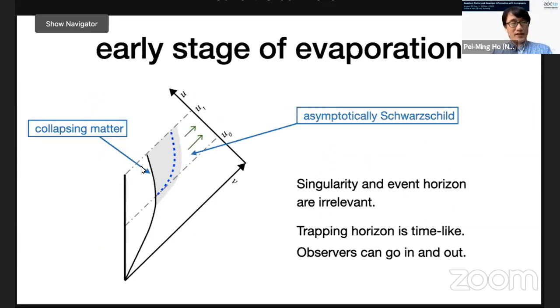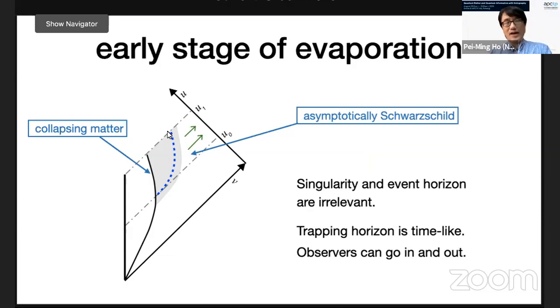So I have a gray shaded area here, which is the neighborhood we should pay attention to. And this is the surface of the collapsing matter. Inside the matter, you may have a metric which is determined by the classical matter. In this neighborhood, you have a trapping horizon, but it's time-like.